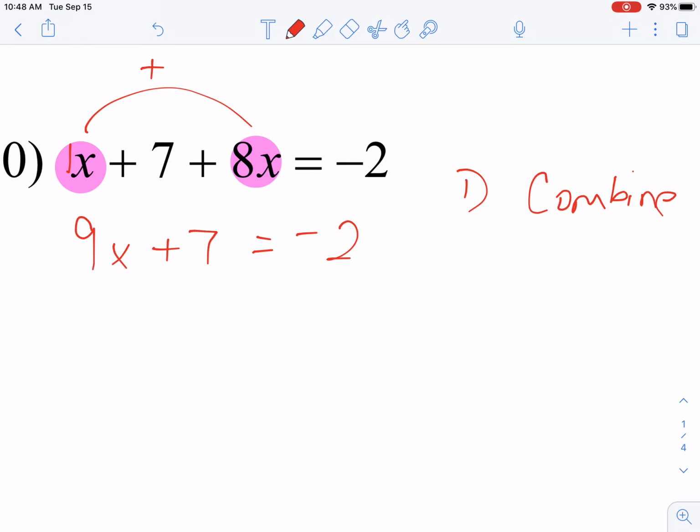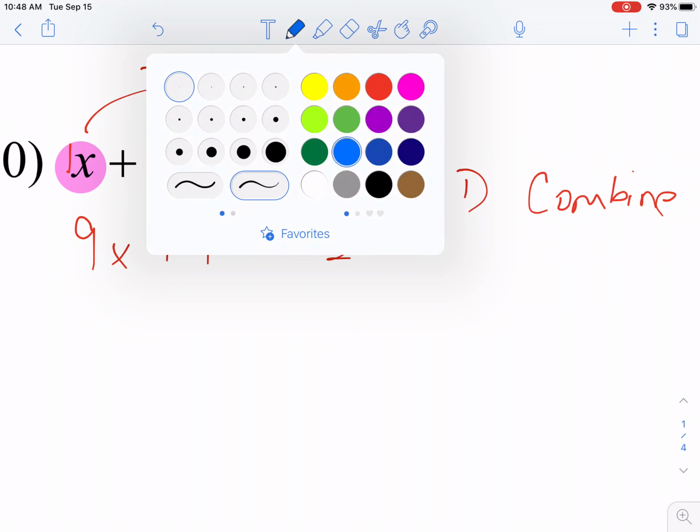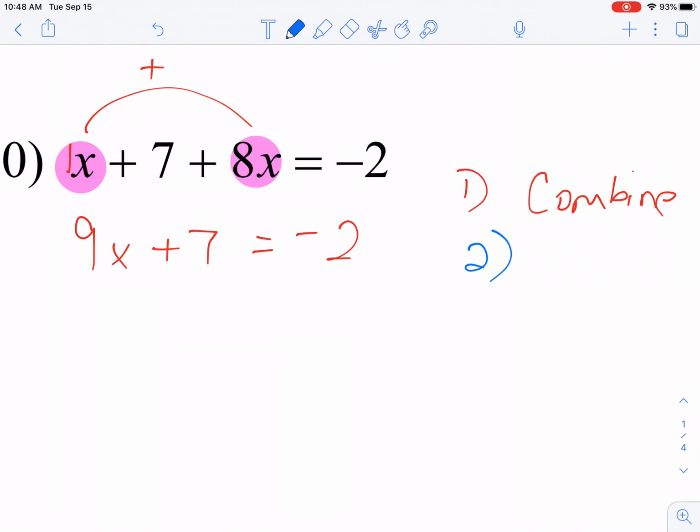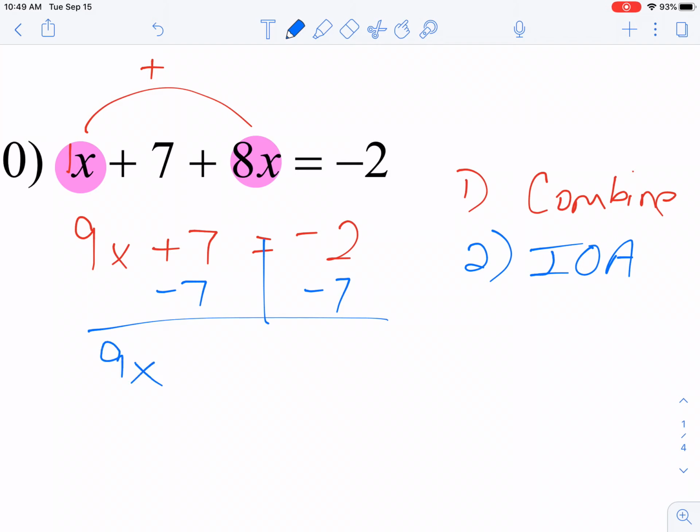And so now that I've got that done, my next step would be to do the inverse of addition. And so minus 7 on both sides. 9x drops down. The 7's cancel. Negative 2 minus 7 is negative 9.